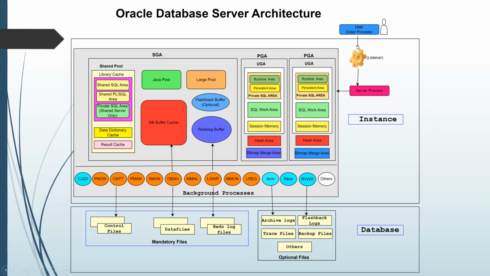In that case, you might see a single listener process accepting the connection requests for all those databases. Or it might also happen that there will be one dedicated listener process for each of those databases running on that server.